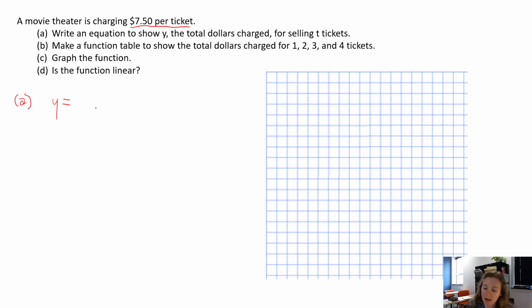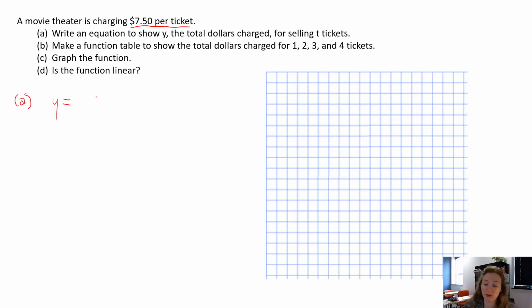How would you calculate the amount of money charged for however many tickets you're buying? So there's a couple ways you could do it. You might think to yourself, oh, well, I would just add up each ticket. So 7.50 plus 7.50 plus 7.50 plus 7.50, let's say, if you were doing 4 tickets.